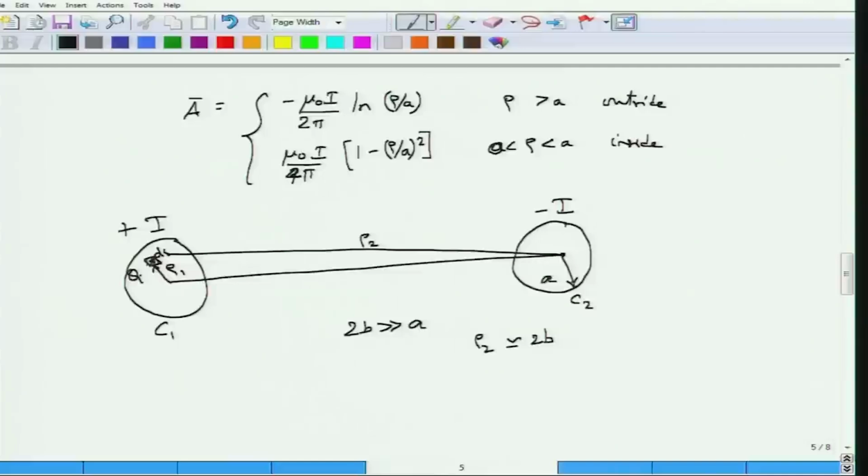So, at this point Q, rho 2 is 2b, and you can obtain this by substituting 2b for rho in the expression for the vector potential A, and taking I to minus I. That will give you the vector potential A acting at this particular point. Okay.